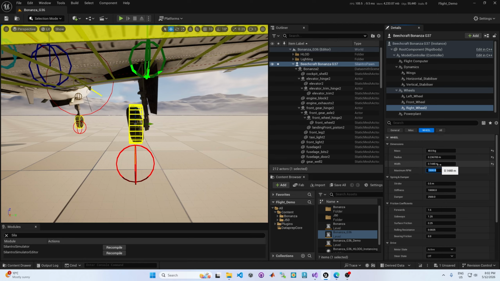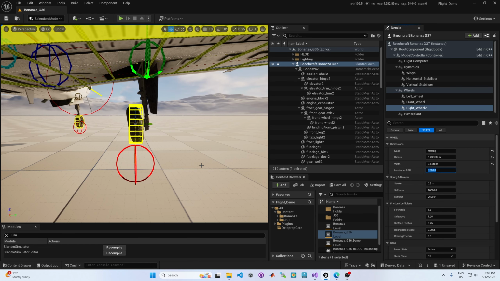So there is a bit of resistance, and there are going to be forward forces in some cases depending on the orientation of your aircraft. You don't want your wheel applying additional forces to the aircraft and messing up the simulation. So you use this to limit the maximum rotational speed you can get on the wheel. So I'm just going to leave this at 1500.